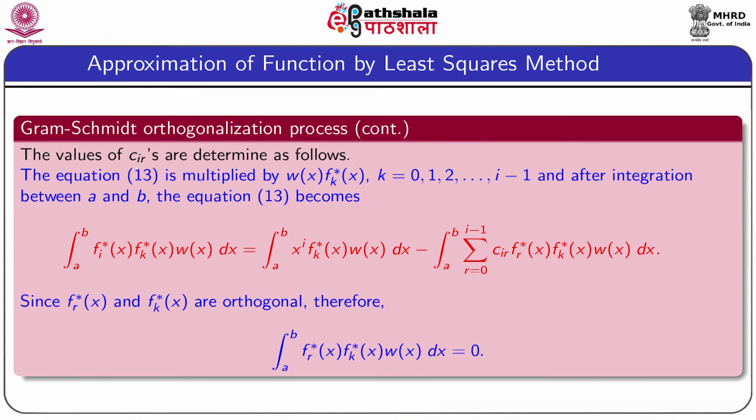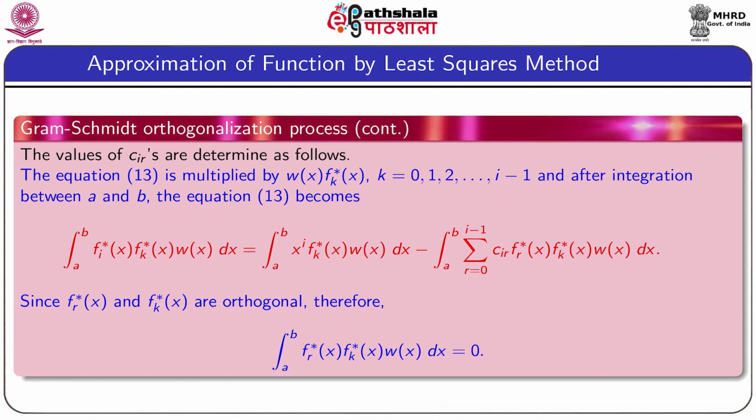Note that within the summation, all the terms are zero except one. That term is when r equals k, that is c_ik f_k*(x) f_k*(x) is non-zero for r equal to k. All other terms are zero due to the properties of orthogonal polynomials.